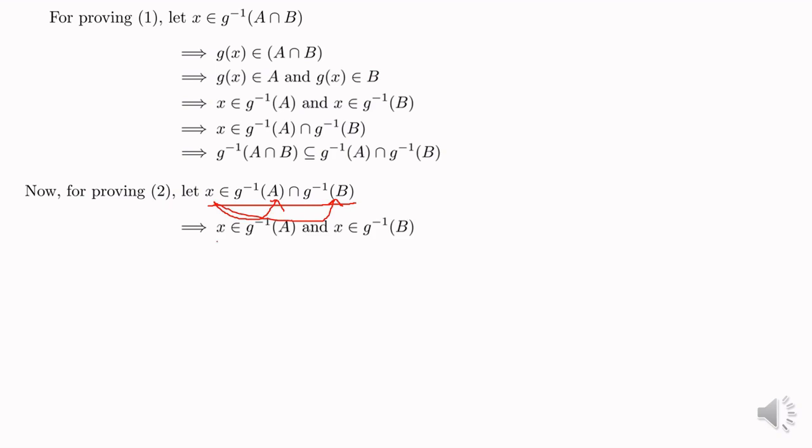Now x an element of g inverse A implies that g(x) is an element of A. Similarly, x an element of g inverse B implies that g(x) is an element of B. Now we got that g(x) is an element of A and g(x) is an element of B. This means that g(x) is an element of A intersection B also.